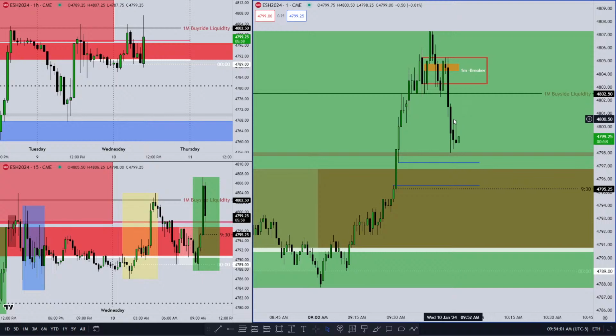So it can trade here, and I'd like to see a trade here. I wouldn't like to see a trade here and above this buy side. Should it do that, the ideal negation would be more so at this high or at the consequent encroachment of this imbalance. So basically what I'm saying is I don't want to see consequent encroachment of this.